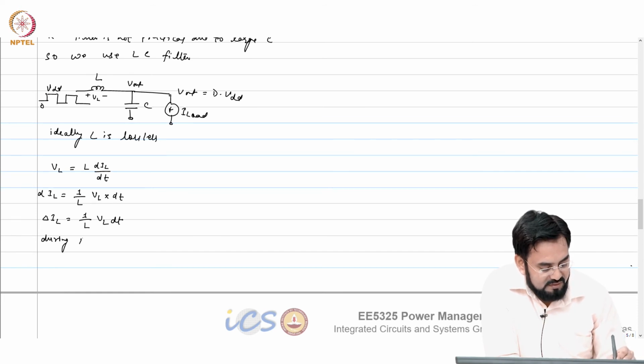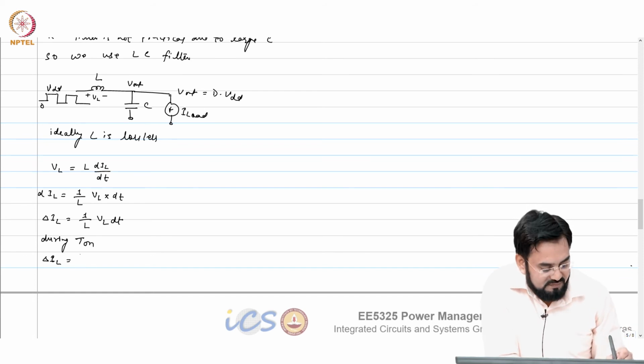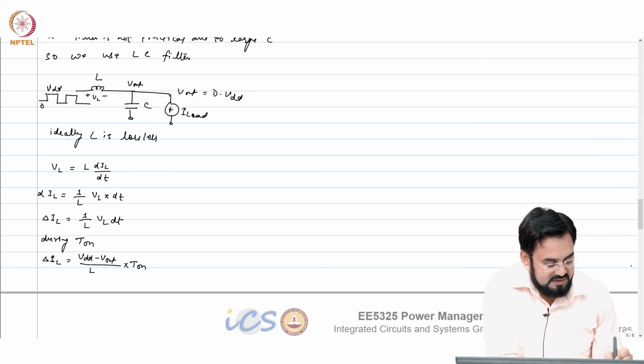So during T on, your delta IL will be, what is the voltage across your inductor? VDD minus V out over L multiplied by T on. So this is your current slope.